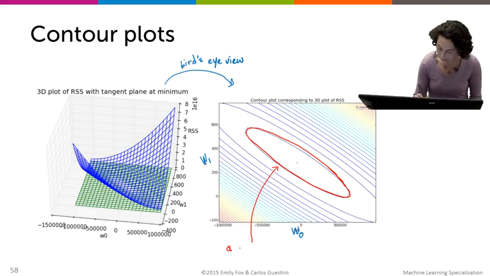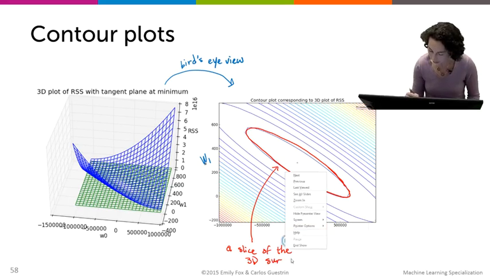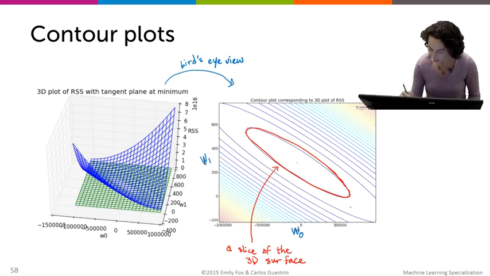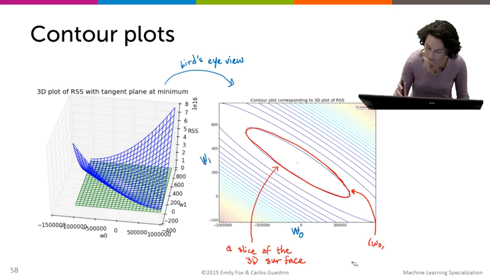Sorry, the pen is really misbehaving. It's a slice of the 3D surface, where all values here have the same value of this function. Sorry, our function is called G of W0, W1.